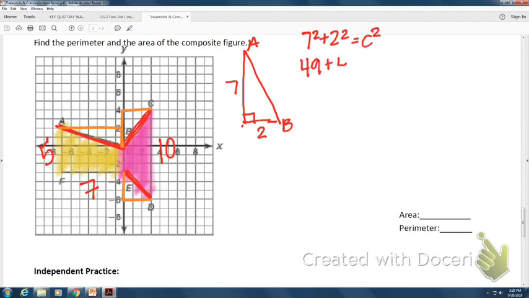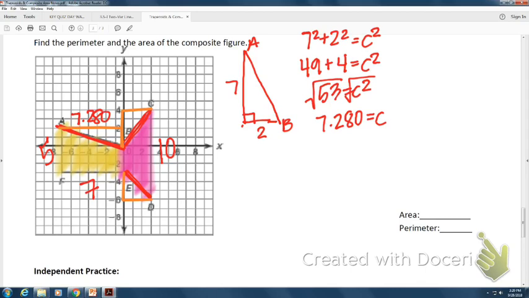49 plus 4, 53. To the nearest thousandth, what do we get? 7.280. Okay, so 7.280. Okay, let's find CB.